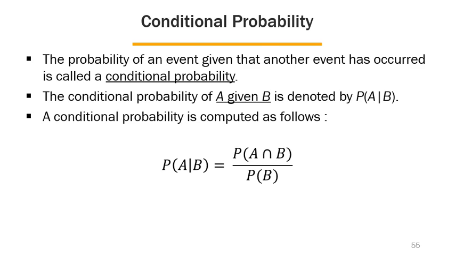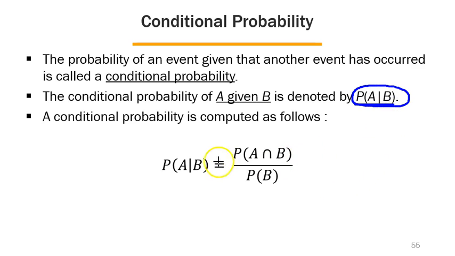Conditional probability, the probability of an event given that another event has occurred, this is what we call conditional probability. So the conditional probability of A given B, the way that we write that is with this expression here. The way that I read this is the probability of A given B. How do we compute that?